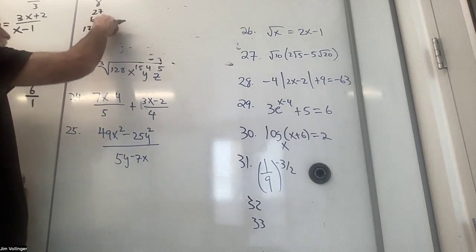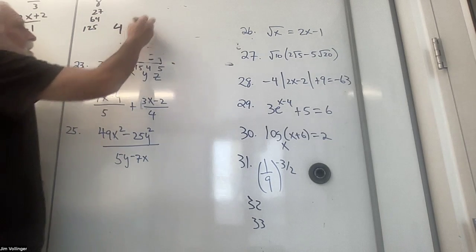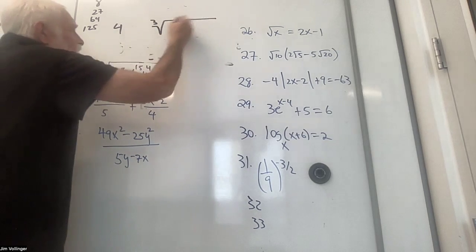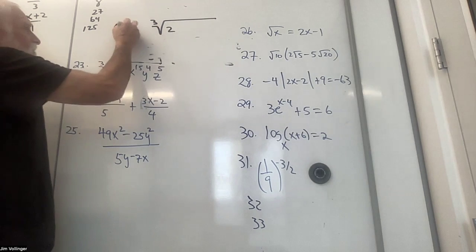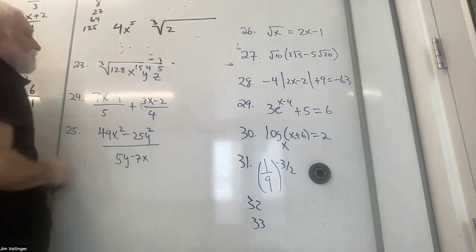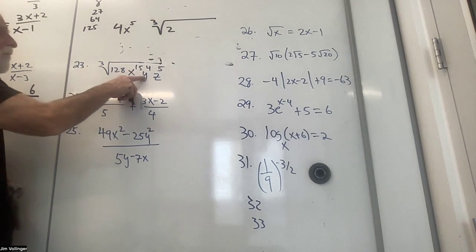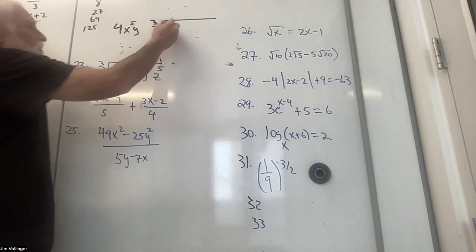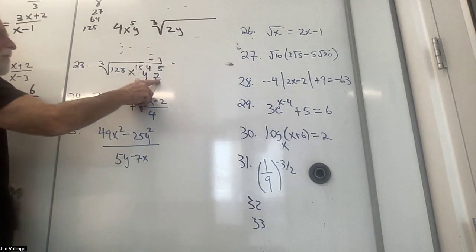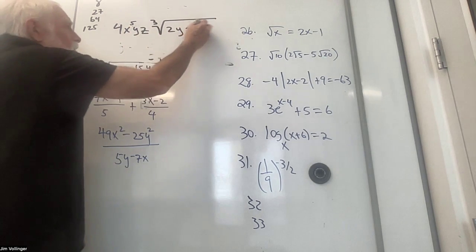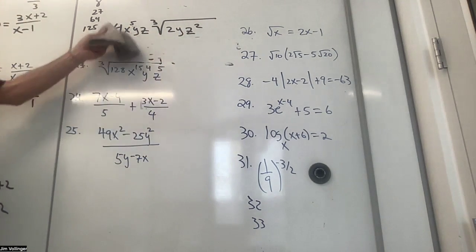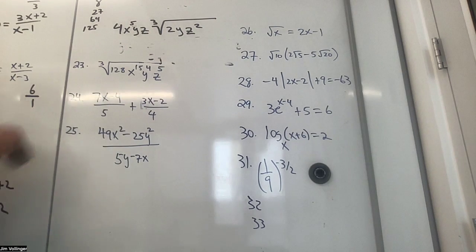So the cube root of 64 is 4, and there's a 2 left inside. 3 goes into 15 5 times. 3 goes into 4 once, with a remainder of 1. 3 goes into 5 once, with a remainder of 2. That's a simplified version of this.